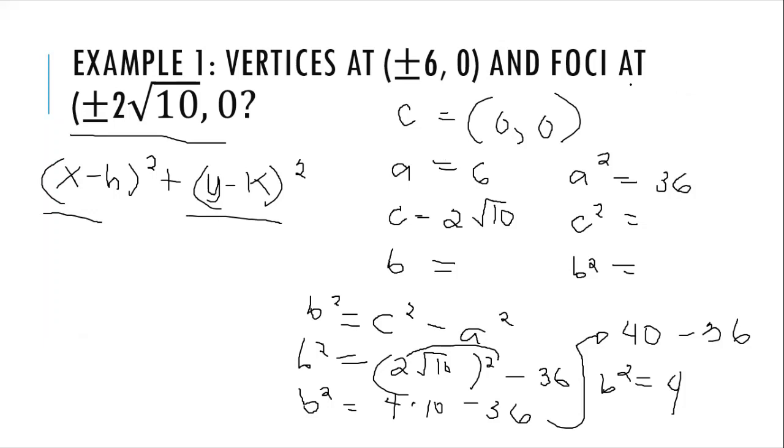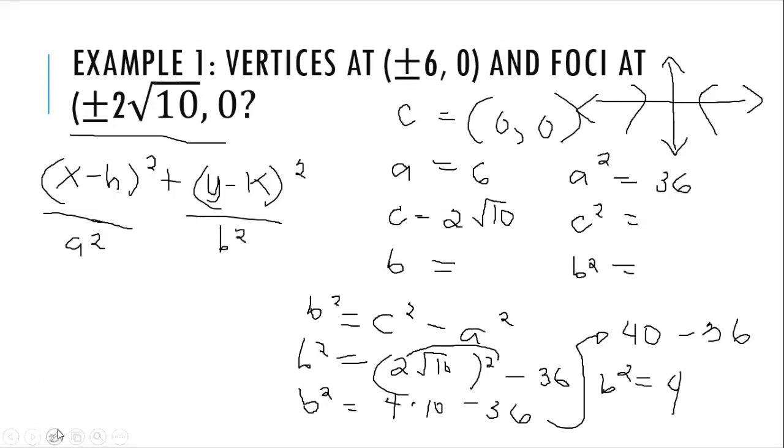So, ang form po ng ating hyperbola kanina ay nakaganyan po, meaning our a is under x. So, a squared, b squared. I mean subtraction, because addition is in ellipse.